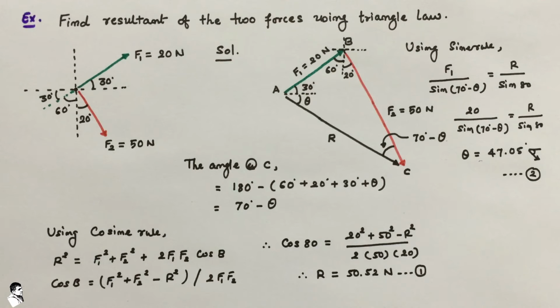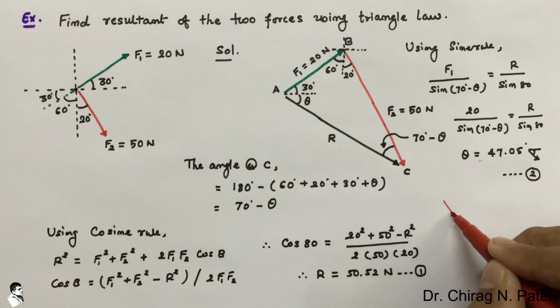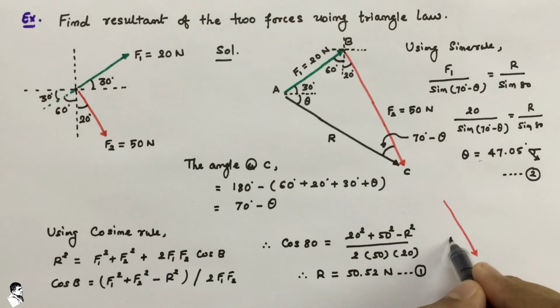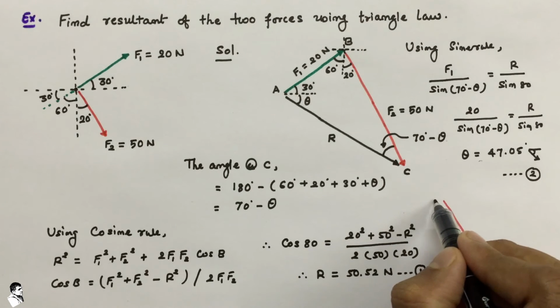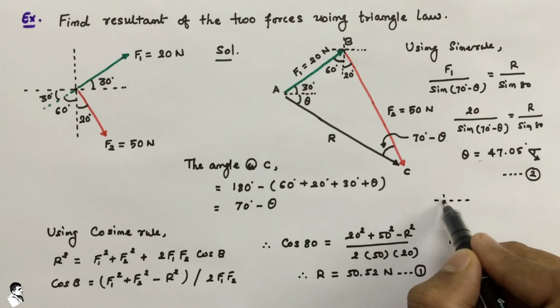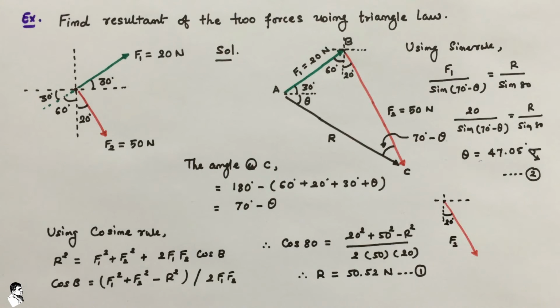So for that, if we prepare a new figure, it turns out to be like this. Let us draw force 2 in its particular direction. So here we start with force 2 in this particular direction, that is our F2, right, maintaining the corresponding angle, and that angle would be here, that is 20 degree.